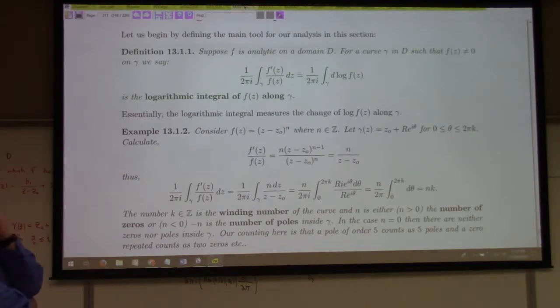If k is a whole number, like 1, 2, 3, this is actually a circle that's been covered k times. So you'd say such a circle has winding number k. We don't talk much about winding number in here, but maybe we should.